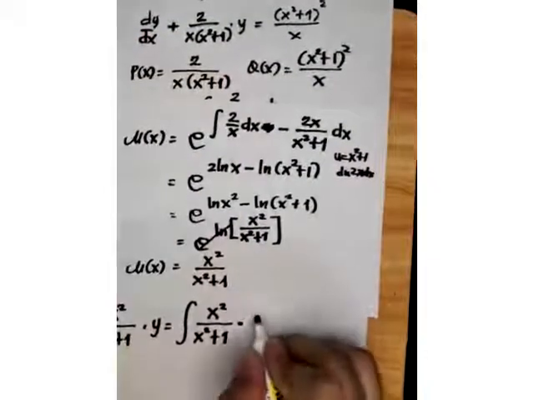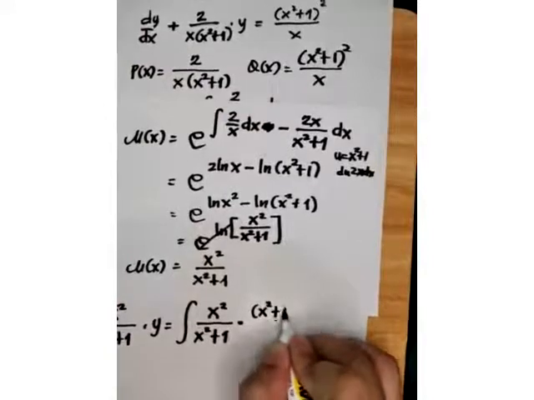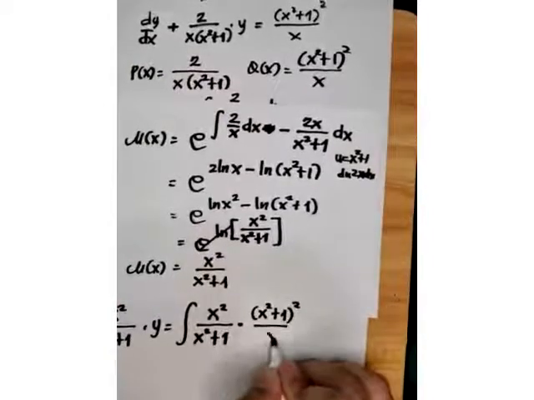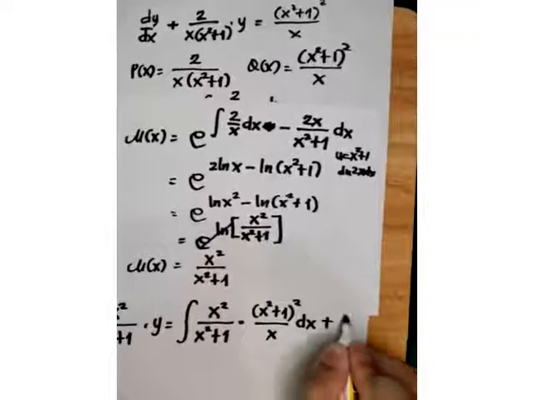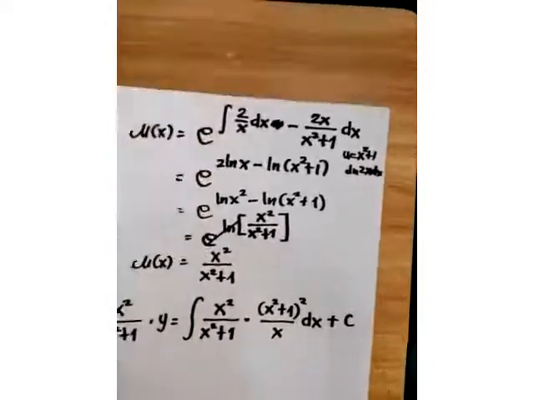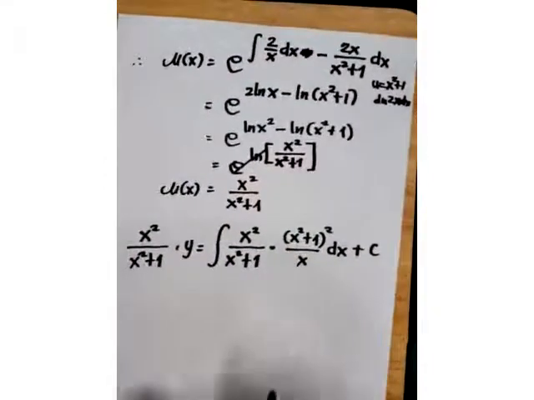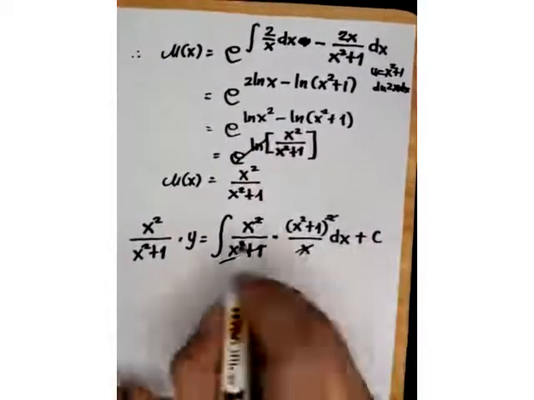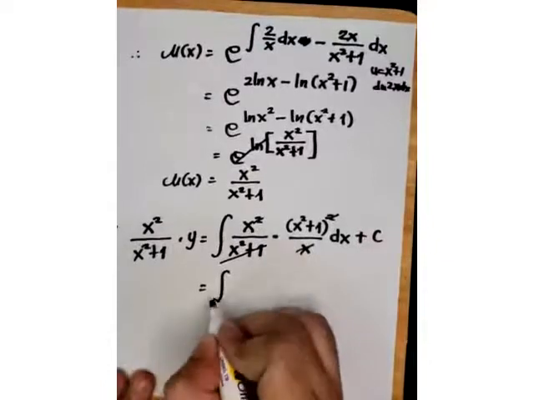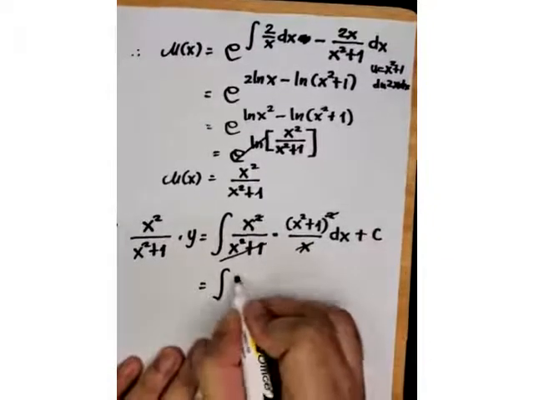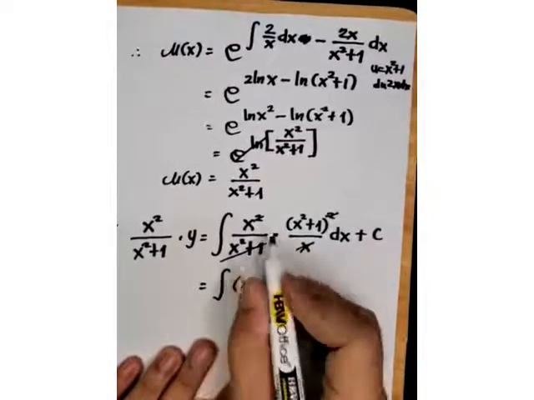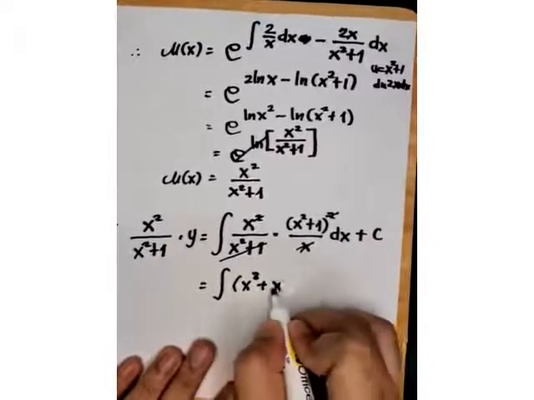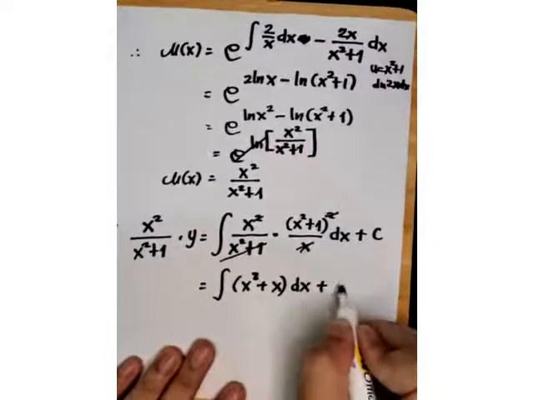So Q of x is x squared plus 1 squared over x dx plus c. Okay, we can simplify. So cancel, then cancel. Okay, so matitira ay the integral of, distribute natin x cubed plus x dx plus c.